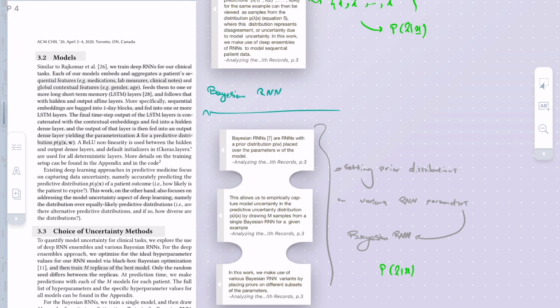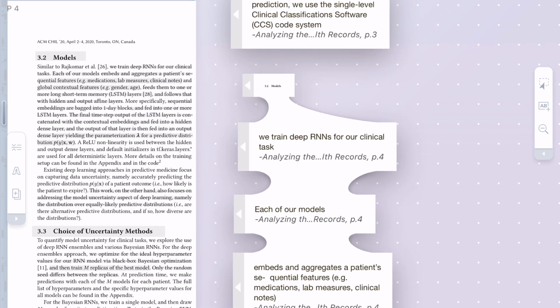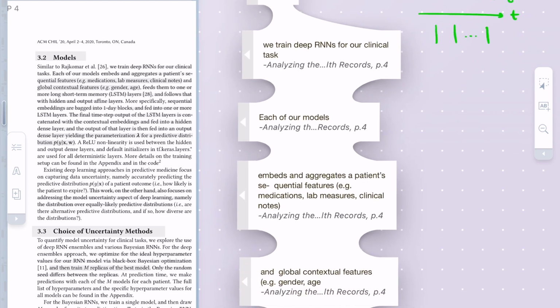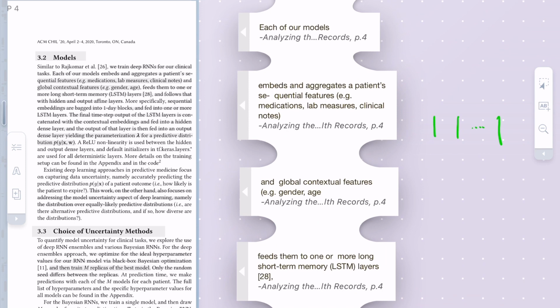Now let's go over the models here. For each one of these, for eICU and MIMIC, we have timelines for patients. They take patient dynamic features and static features, embed and aggregate them, and form sequences of feature representations composed of global contextual features such as gender and age and other dynamic features.